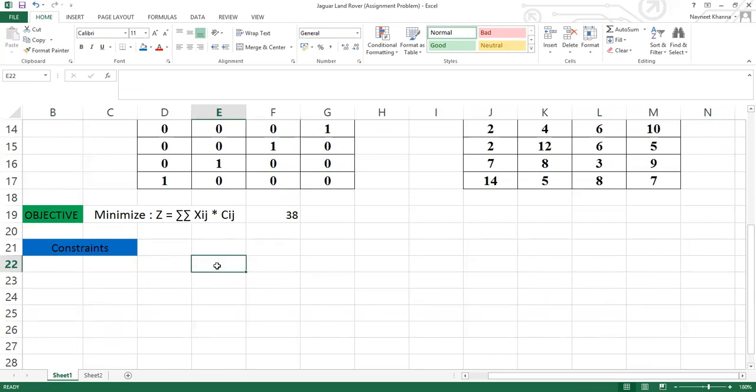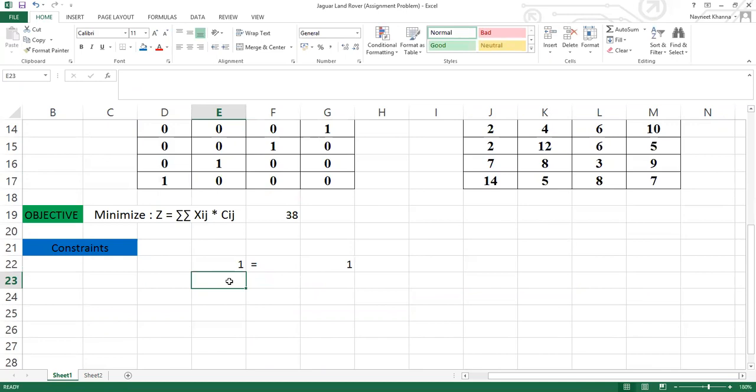So first is the sum X11 plus X21 plus X31 plus X41, right? That is equal to 1.